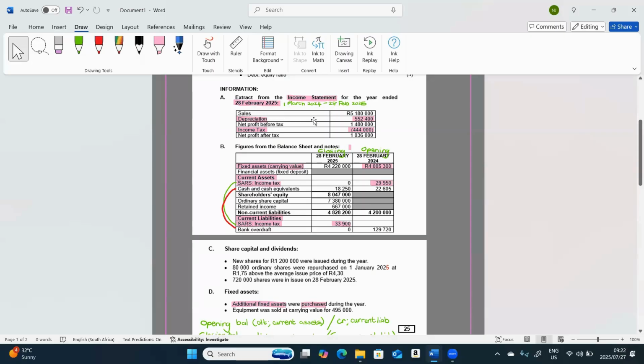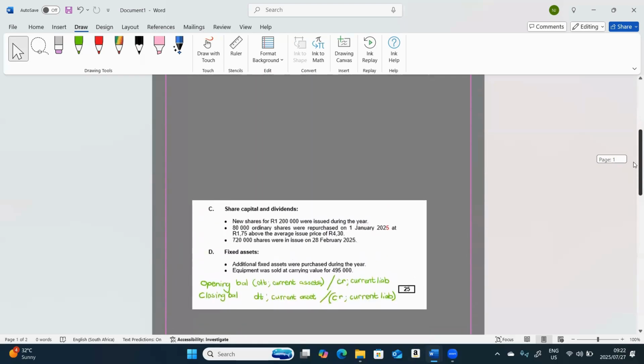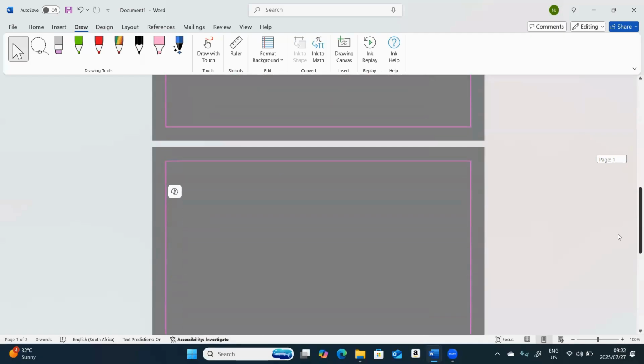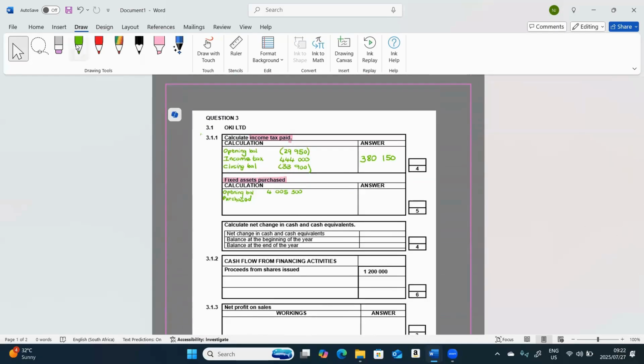So the depreciation, when you think about your fixed asset note number 3, what do we do with depreciation for the year? We subtract it. So that's exactly what we are going to do in our format. So we are going to take our depreciation of 552,400 and we are going to subtract it. So you are going to write that depreciation is part of my calculation. What do we do with depreciation?